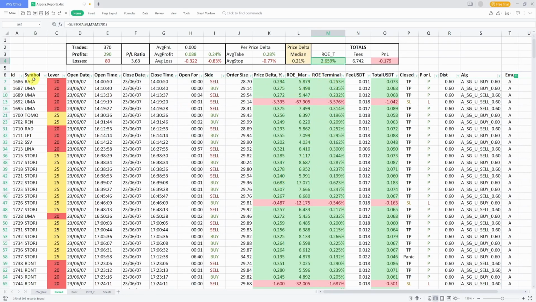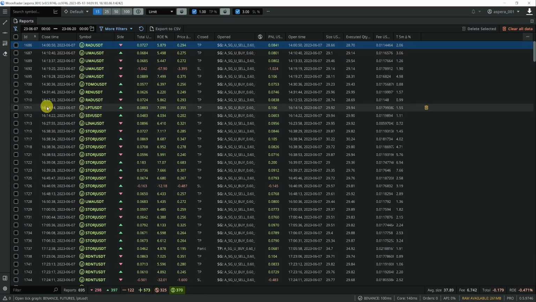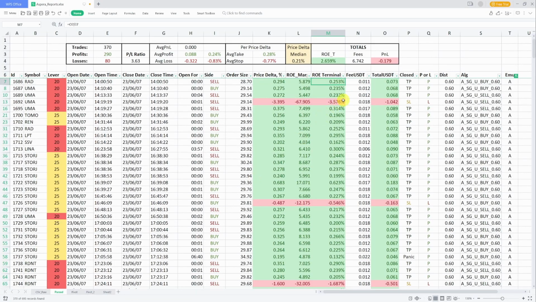I try to check, for example, if you go on the level of 1 trade specifically, let's check out this one as an example. We go here, this is the 1, and the ROE is 0.253. In my spreadsheet, it's 253, same thing.